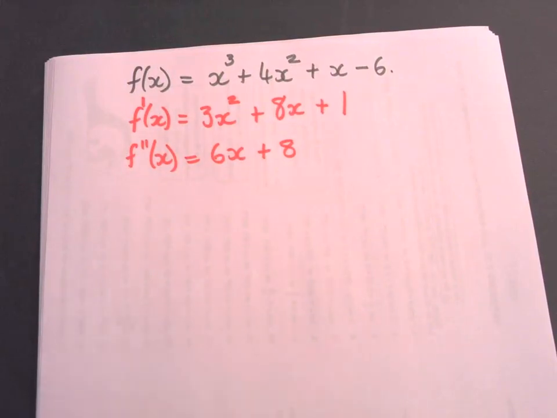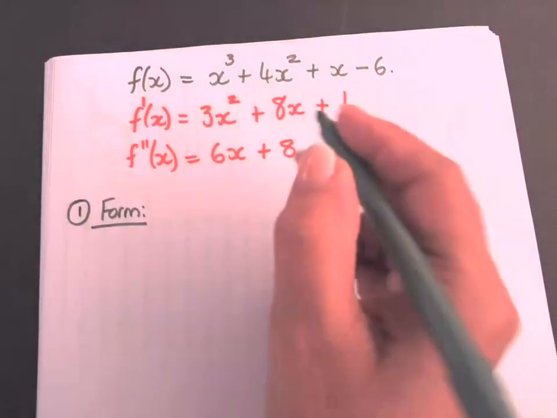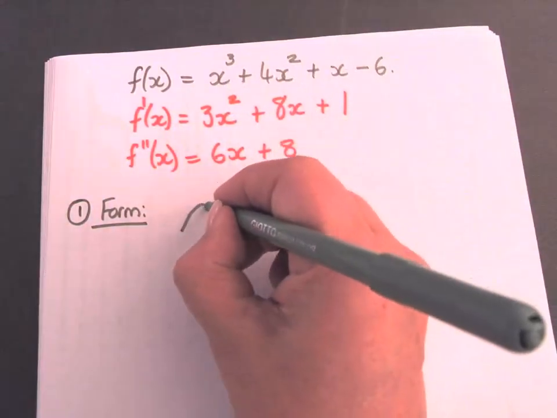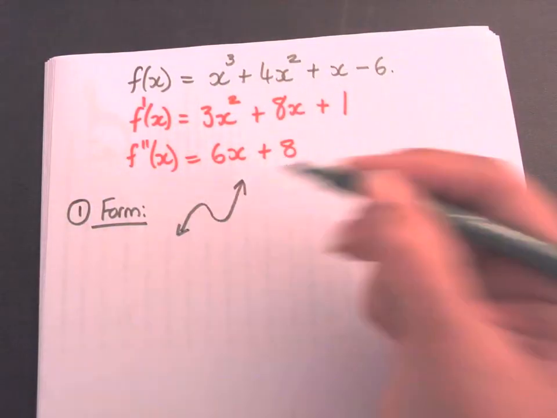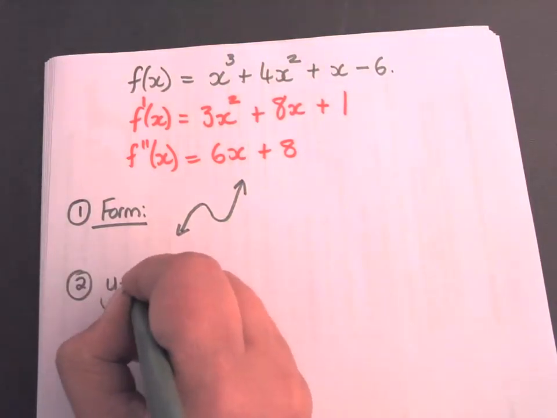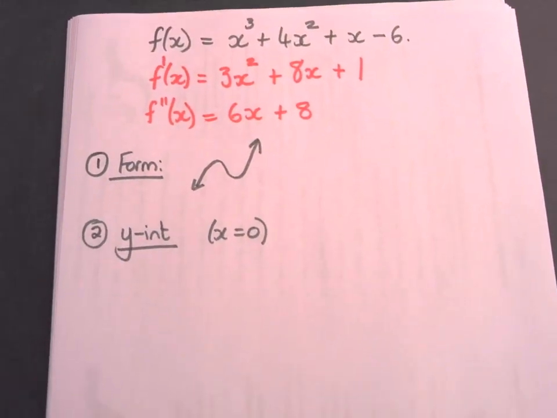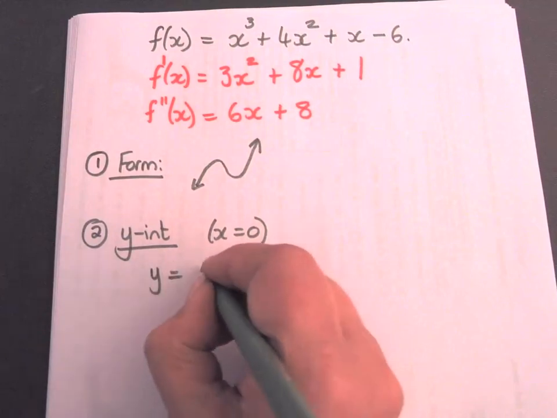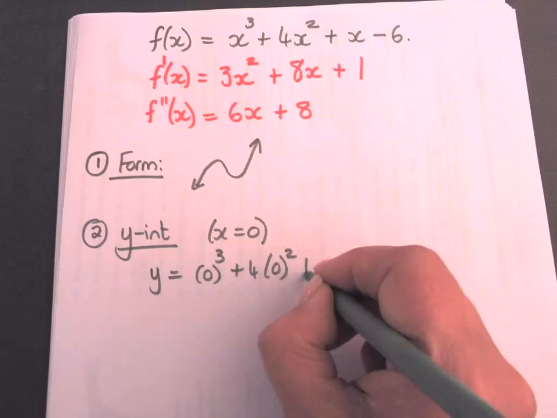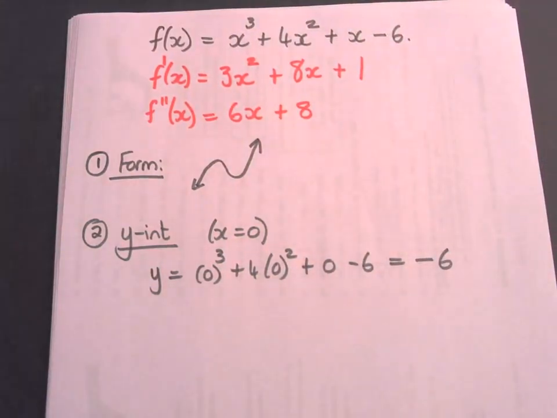Now you start with your steps. Number 1 is the form. What will the form of this one be? Rise and smile. It's a positive one. Then we get the y-intercept. So we make x 0. y equals 0 to the power of 3 plus 4 times 0 squared plus 0 minus 6, and that will give you negative 6.